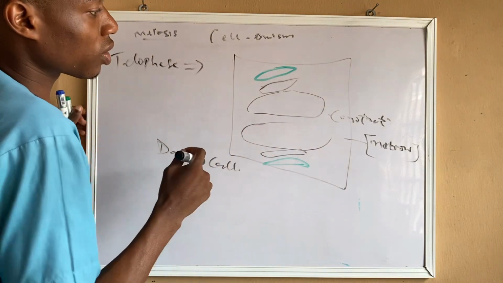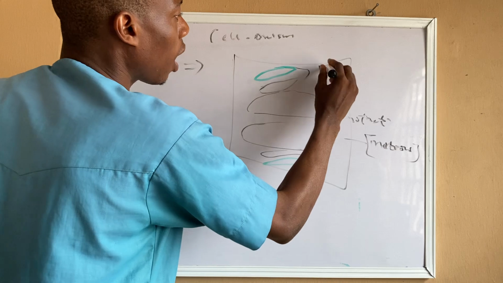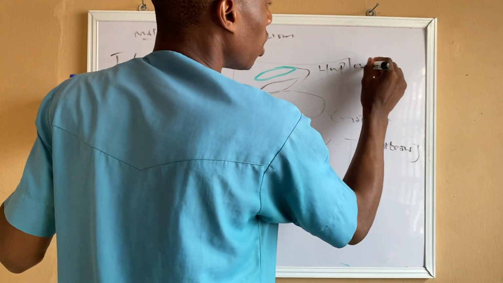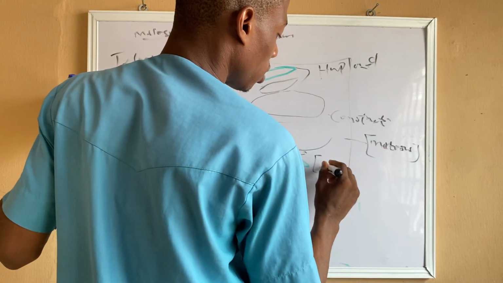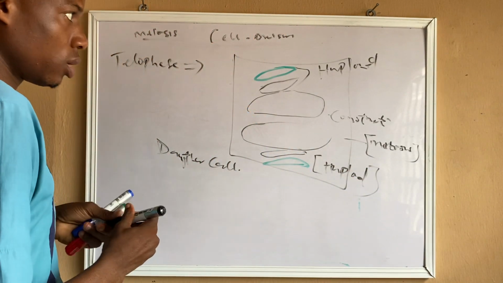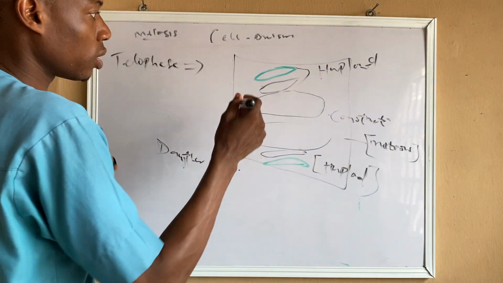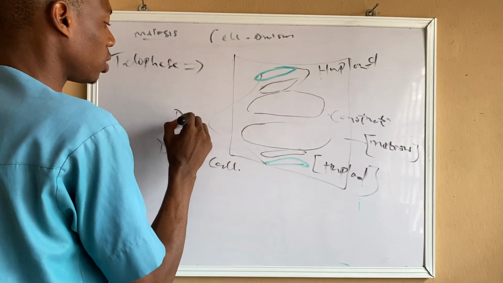Just to produce the daughter cells, this is haploid. This is haploid. So the combination of these haploids now gives us the full diploid.